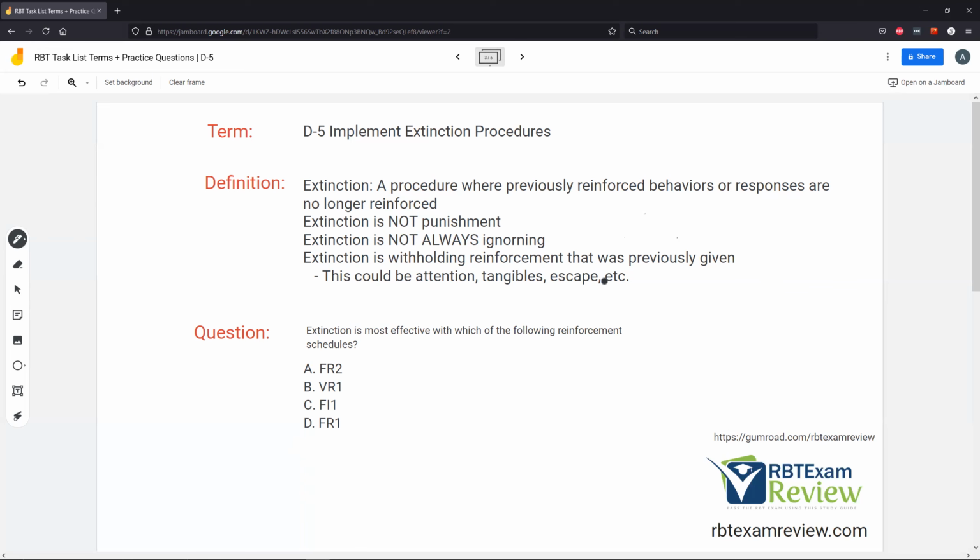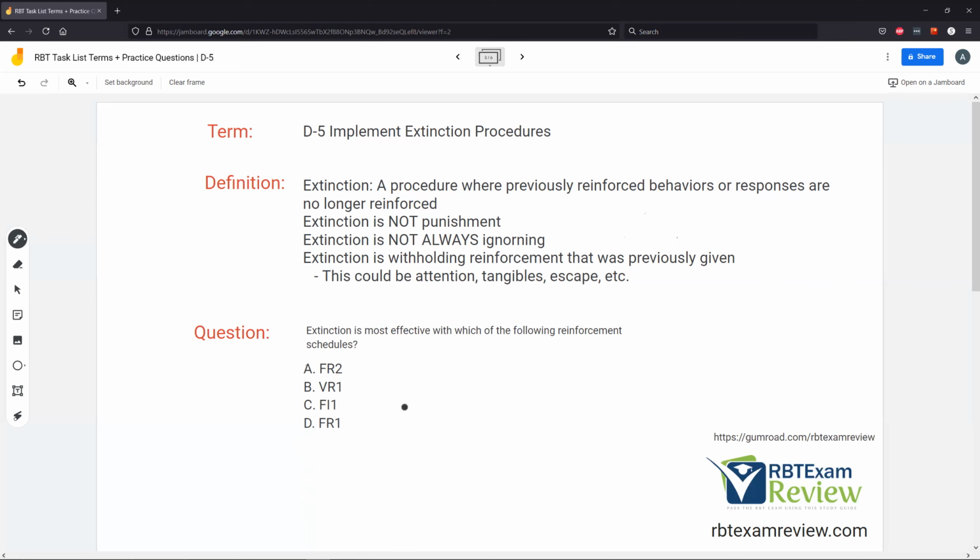So the longer, or the more intermittent, or the thinner the schedule, the harder it is to put on extinction. So FR2 is hard. VR1, right? VRs are the strongest type of basic reinforcement schedule, so it's going to be the most difficult to put on extinction.